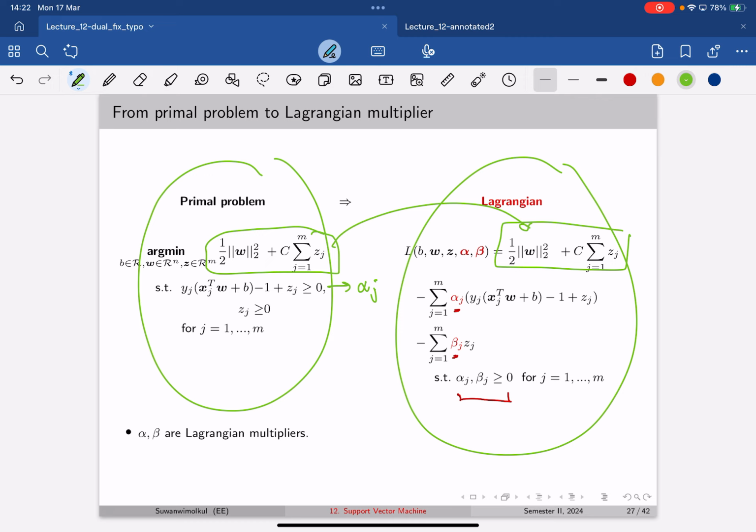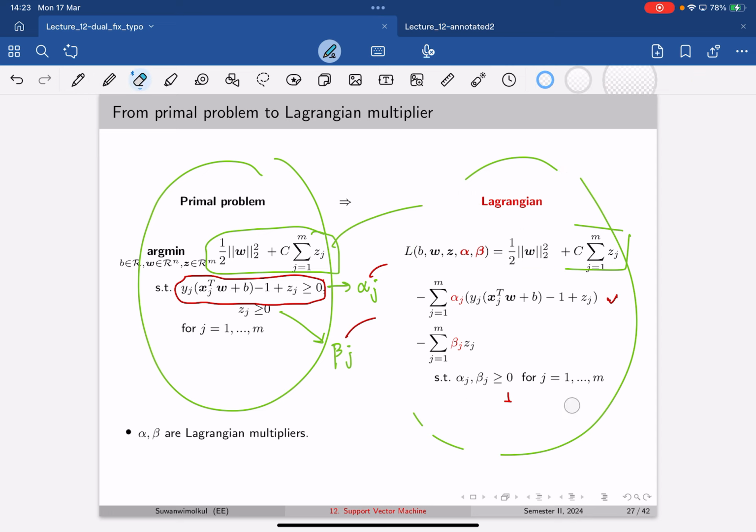For the second set, we will use beta j. Once you have those two, you multiply beta j with the set j and alpha j with the first constraint, that is the constraint for mapping on the right side of the plane. And then you get this term and that term. So that's your Lagrangian.